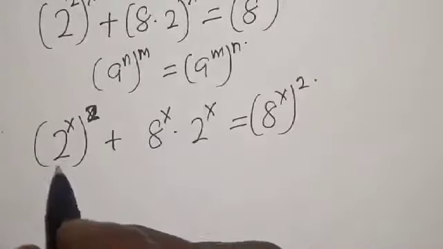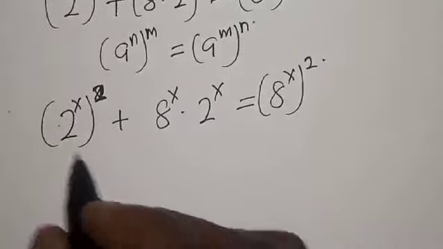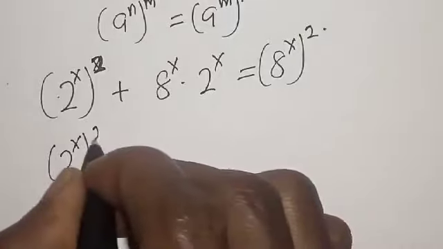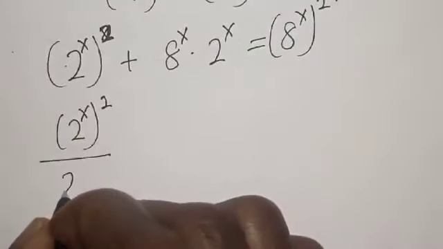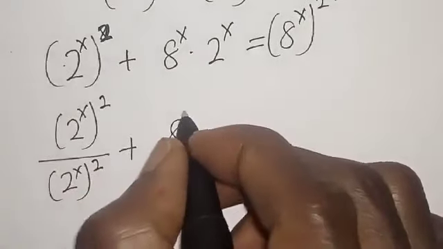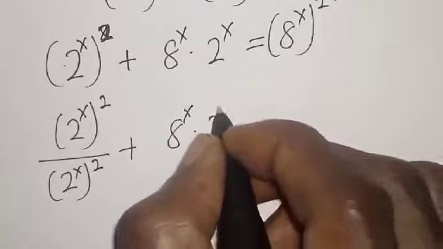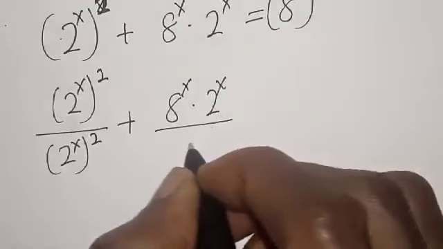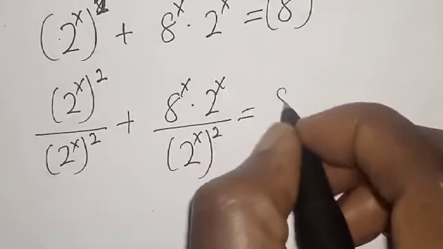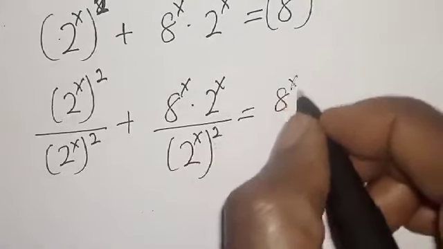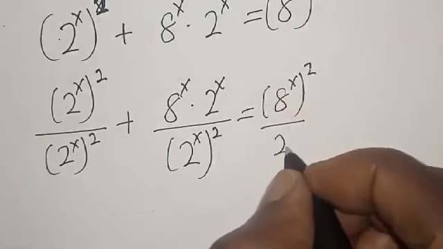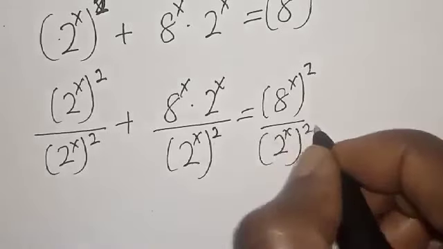Divide both sides by (2 raised to power s) squared. That is (2 raised to power s) squared divided by (2 raised to power s) squared plus 8 raised to power s multiplied by 2 raised to power s divided by (2 raised to power s) squared is equal to (8 raised to power s) squared divided by (2 raised to power s) squared.